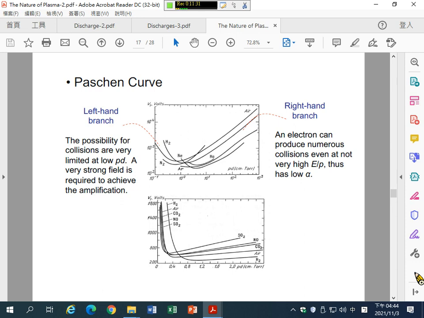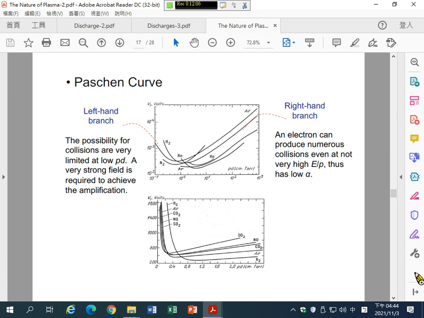This part is the left-hand branch. If the PD value is very large, the voltage required to generate plasma also becomes larger, so it is difficult to generate plasma in this region. This part is the right-hand branch. So in both branches, the plasma is not easy to generate.